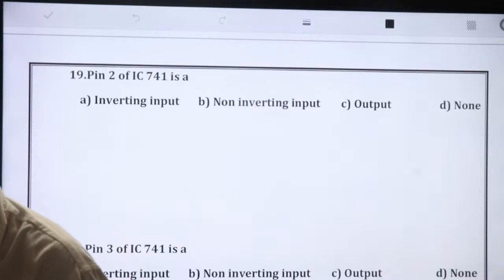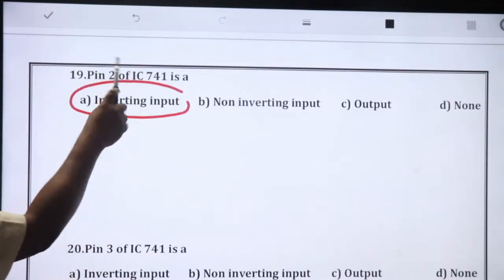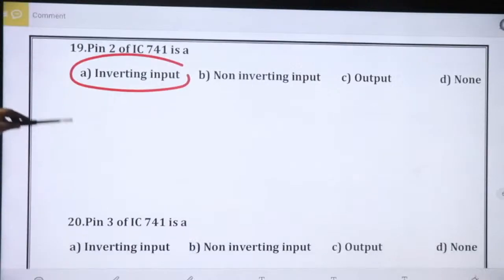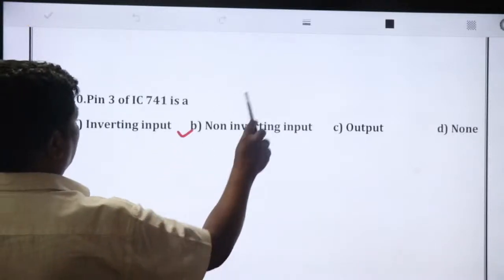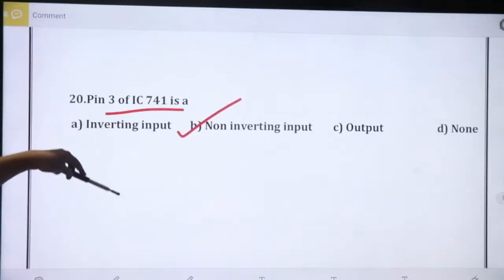In the 741 IC, pin 2 is the inverting input and pin 3 is the non-inverting input. Go through what pins are available.